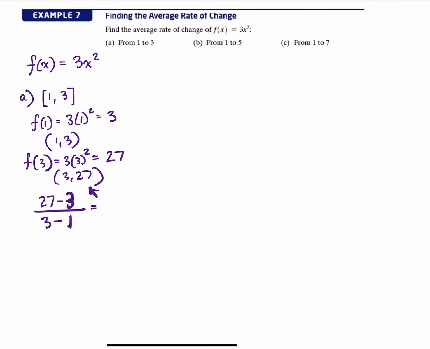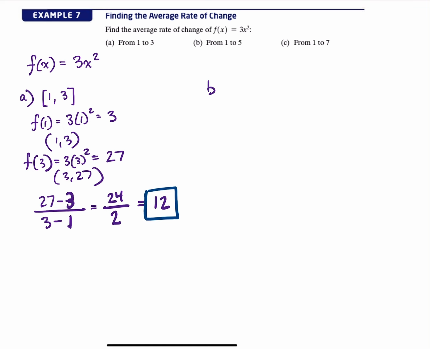Yeah, y2 minus y1. So 27 minus 3. So that will be 24 over 3 minus 1 is 2. 24 divided by 2 is 12. So that will be the average rate of change of this function from 1 to 3.